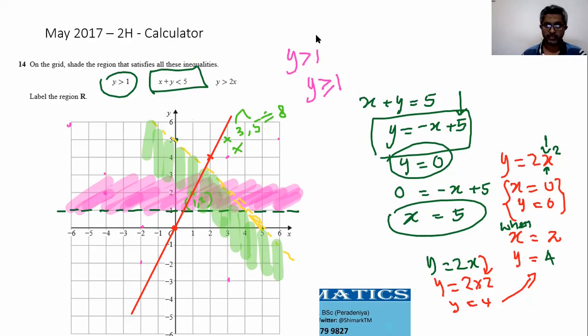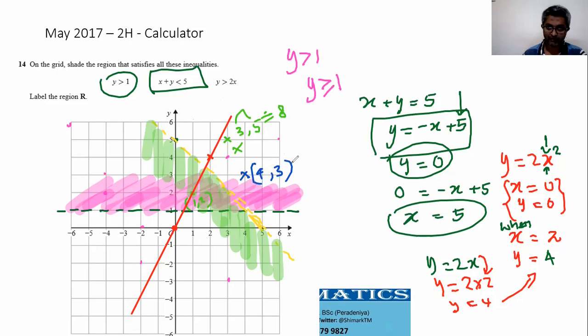Let's check. Take any point. I'll take this point, 4 comma 3. Y is greater than 2x.